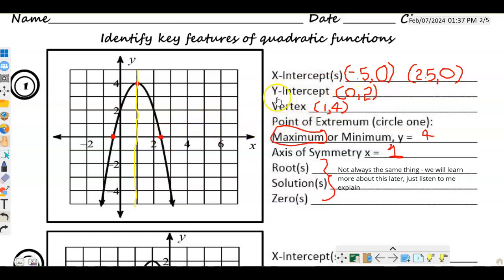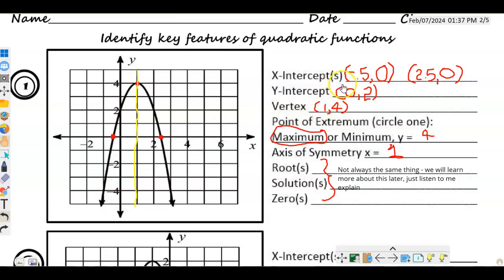The next key feature I want you to take note of is the y-intercept. That is the place where the graph crosses the y-axis. And that is right here. So here, on the y-axis, the value of x is 0.